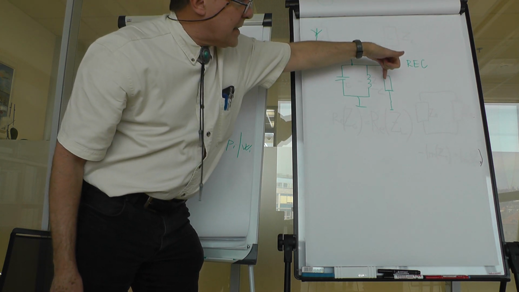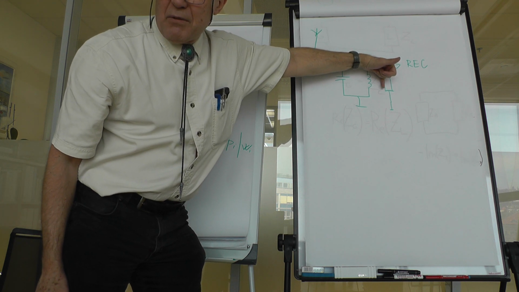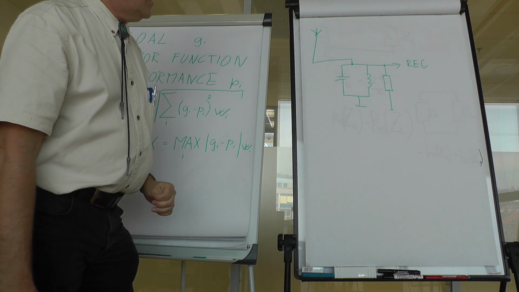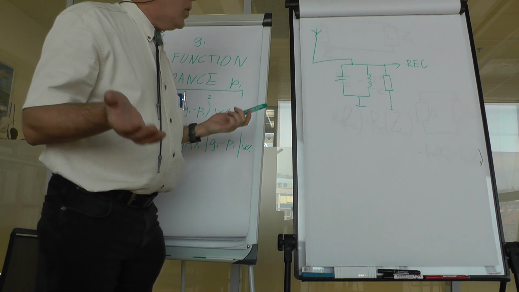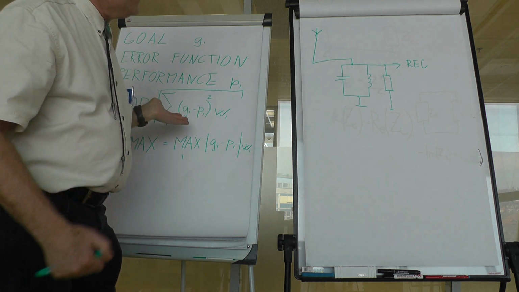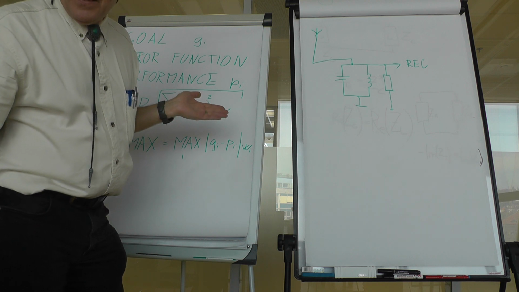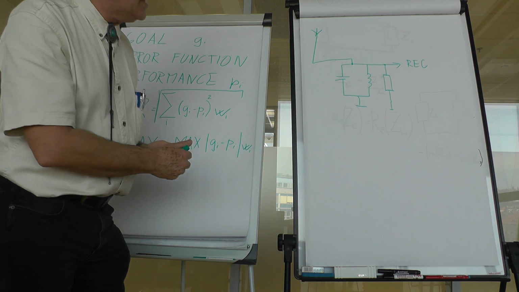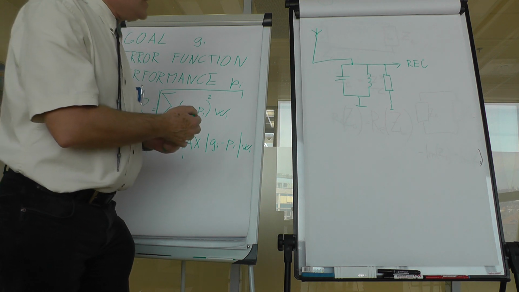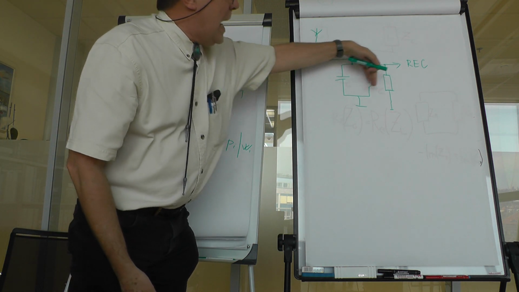But anyway, it has some real part, so we have to include a resistor here. Let's say that it's 50 ohm or 75 ohm or any receiver input impedance that is normally even printed on the box of the receiver. And now we can start to analyze the case.